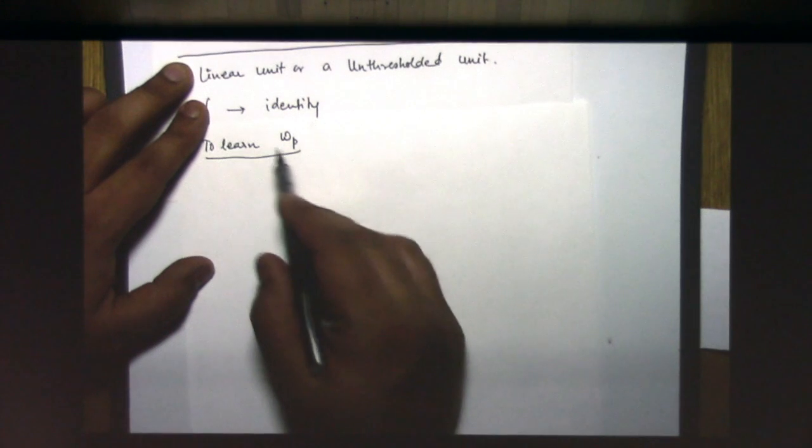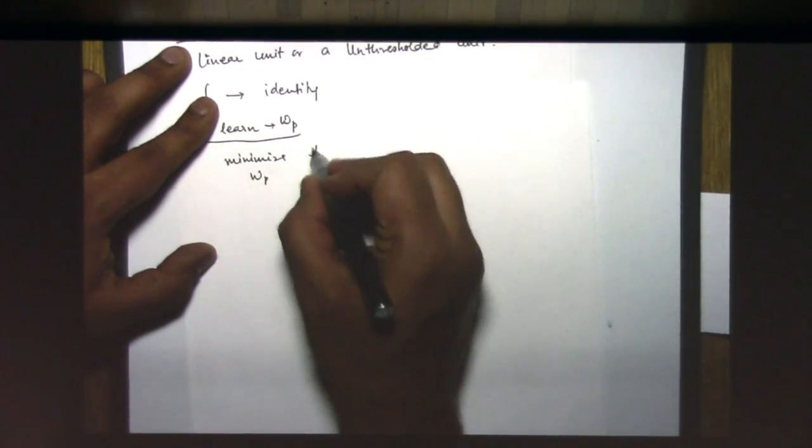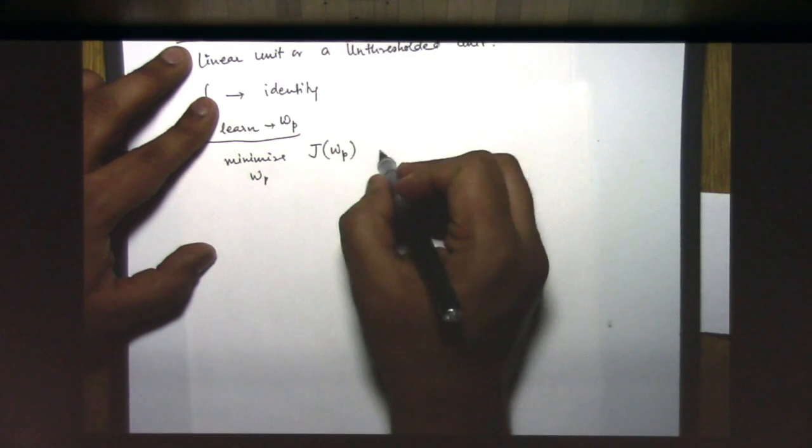So when we are doing learning, we have seen that we want to do gradient descent. To learn W_p, let's say we are looking at this p-th neural unit. To learn this, we minimize error. We find the W_p for which the error J(W_p) is minimal.